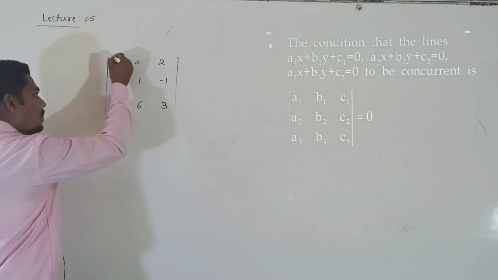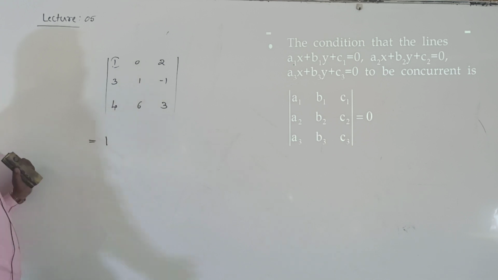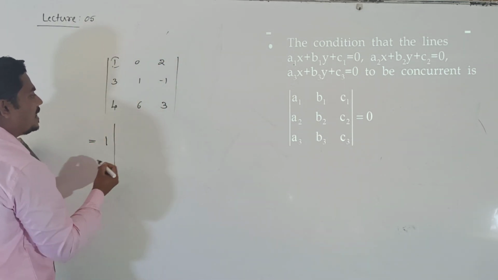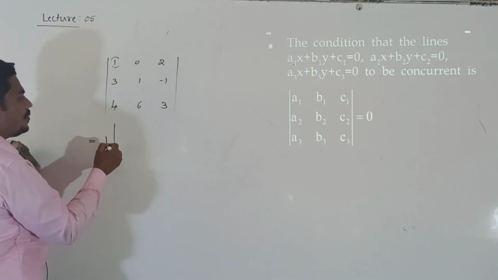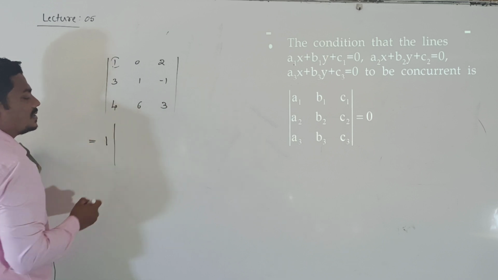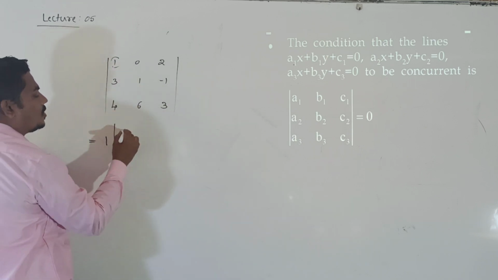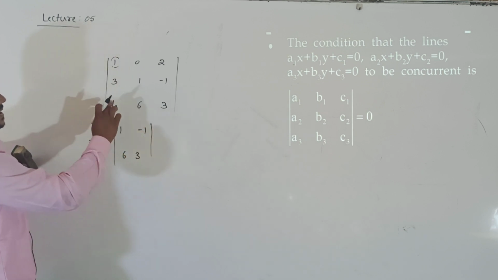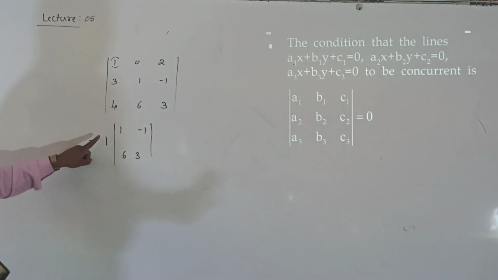Write the first element, 1, delete its row and column, and the remaining elements are 1 minus 1, 6 3, and the sign is alternating plus minus.